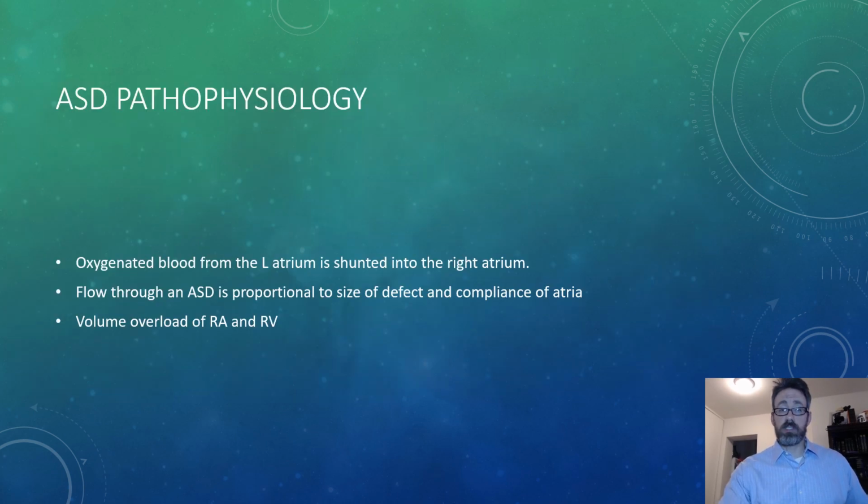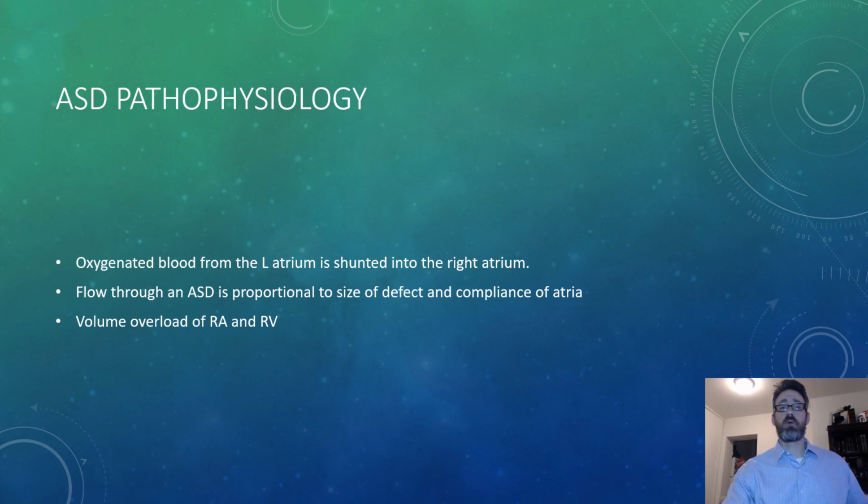In terms of the atrial septal defect pathophysiology, some of it I already mentioned to you, where you have oxygenated blood moving from the left side over to the right side, and then in terms of the flow that goes through that atrial septal defect, that flow is proportional to the size of the defect itself and the compliance of the atria.